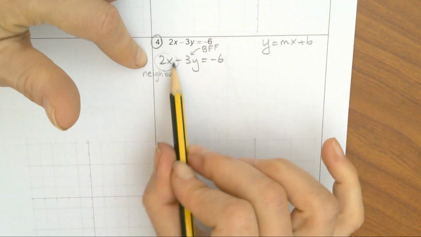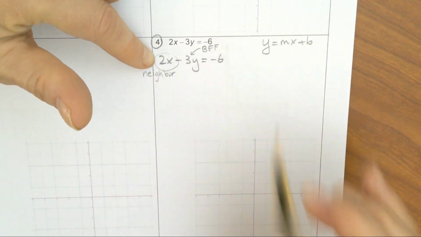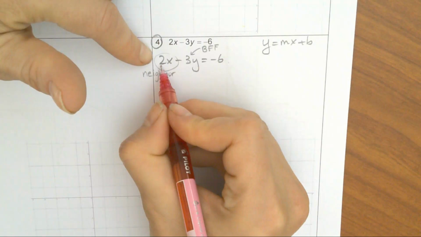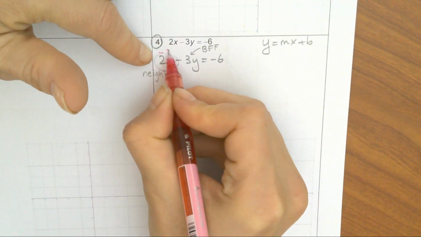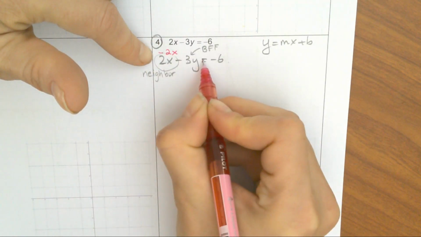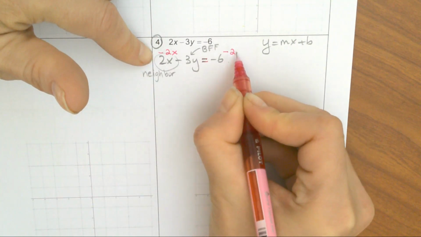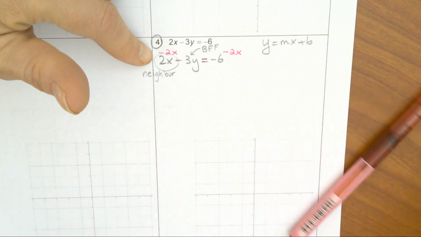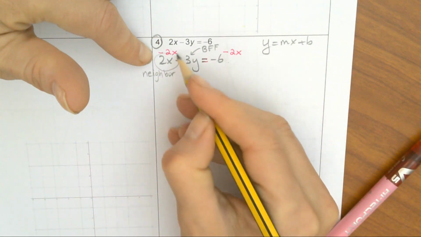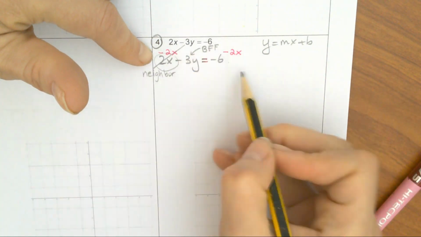So how do I get rid of this and move them to the other side? We always do opposite. So if this is positive 2x, we go minus 2x. And I go to the other side of the equal sign and do the same, minus 2x. So what is 2 minus 2? 0. So I got rid of the neighbor and I moved him to the other side.